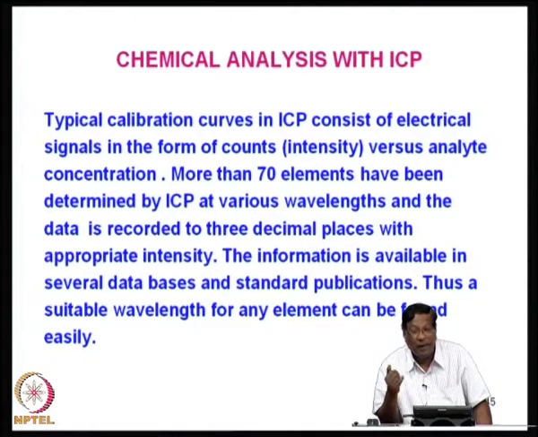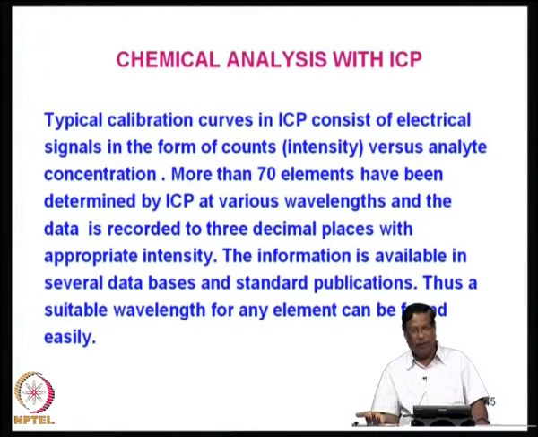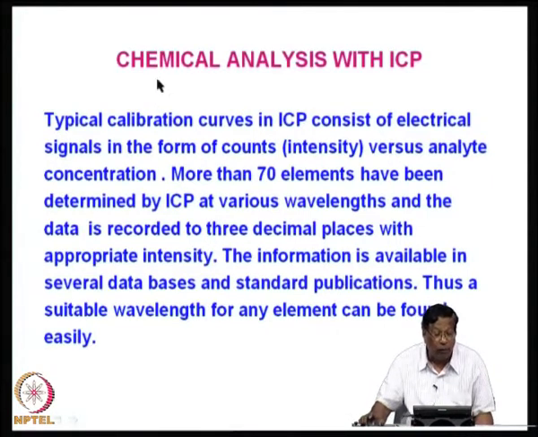So, chemical analysis using ICP can be done using calibration curves as usual. Now, you have to prepare the standards and fire the standards one by one through a peristaltic pump into the plasma and note down their responses for the particular elements. So, the calibration curves consist of actually electrical signals in the form of counts.